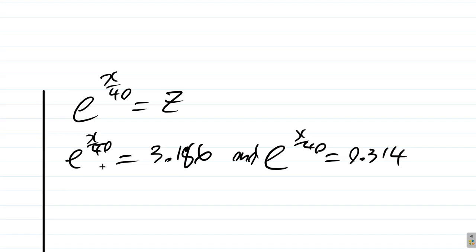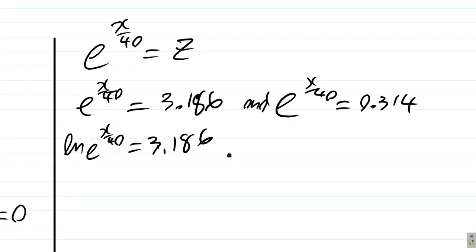Now we have to find the natural logarithm of both sides. So ln e to the x over 40 equals ln 3.186. You have to take ln of both sides. Now this is x over 40 equals ln of 3.186.